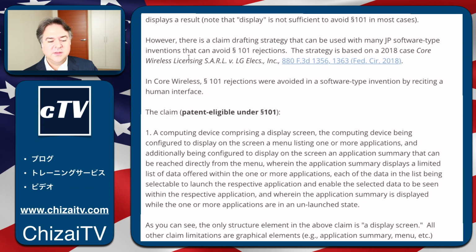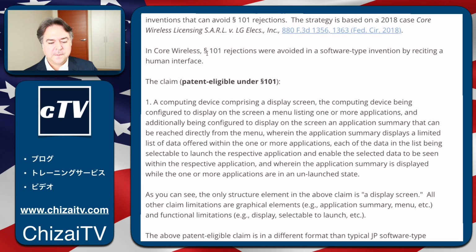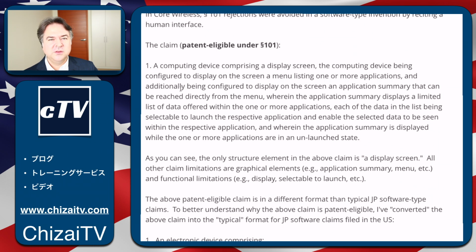However, and this blog post is based on this case, there is a claim drafting strategy that can be used with many JP software type inventions to avoid 101 rejections. This strategy is based on this 2018 case, Core Wireless Licensing versus LG Electronics. In the blog post, I included the link, so if you want to read the case, it's linked right here. In Core Wireless, 101 rejections were avoided in a software type invention by reciting a human interface.